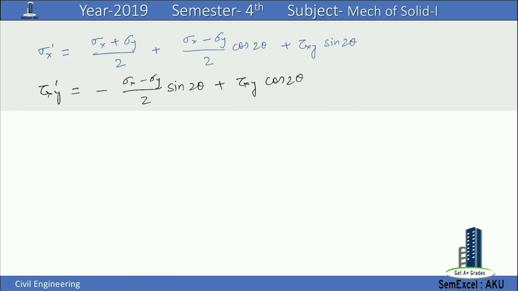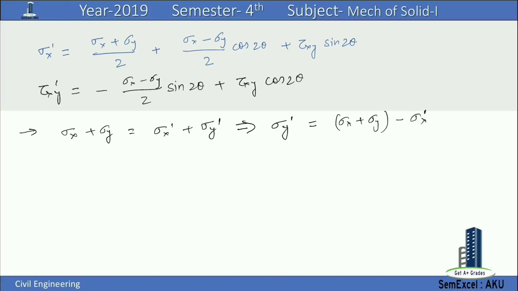And there is one property of this stress system, and that is sigma x plus sigma y is equal to sigma x dash plus sigma y dash. So using this property we can find sigma y dash, and it will be equal to sigma x plus sigma y minus sigma x dash.